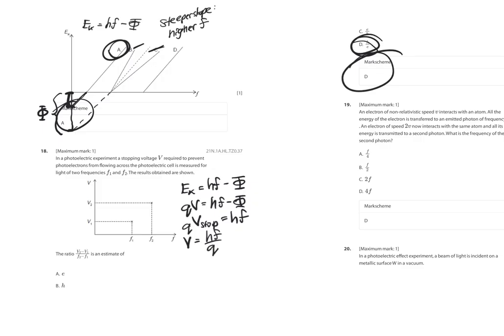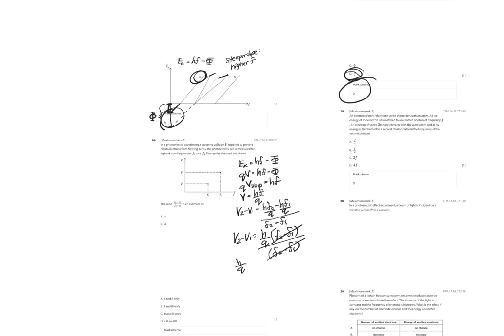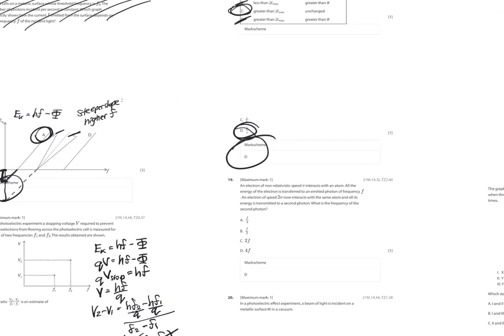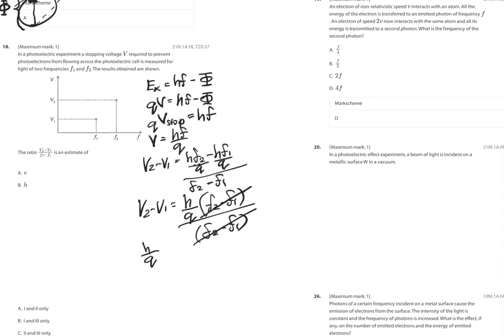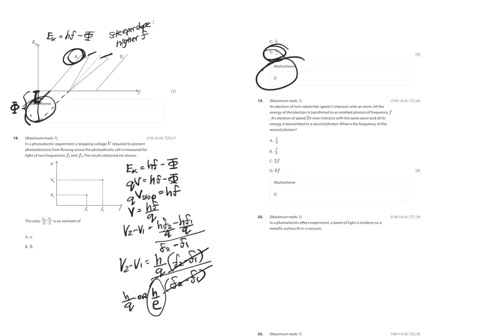And so the voltage winds up being HF over Q. And the frequencies cancel, so we wind up with H over Q or H over E. How do they phrase it in this one? H over E, because E is the electron. H over E. And that is choice D.